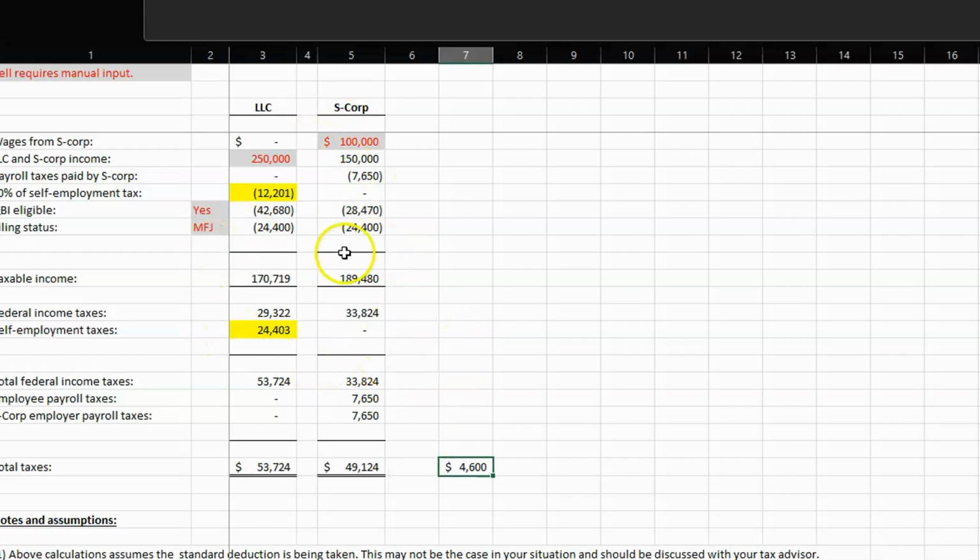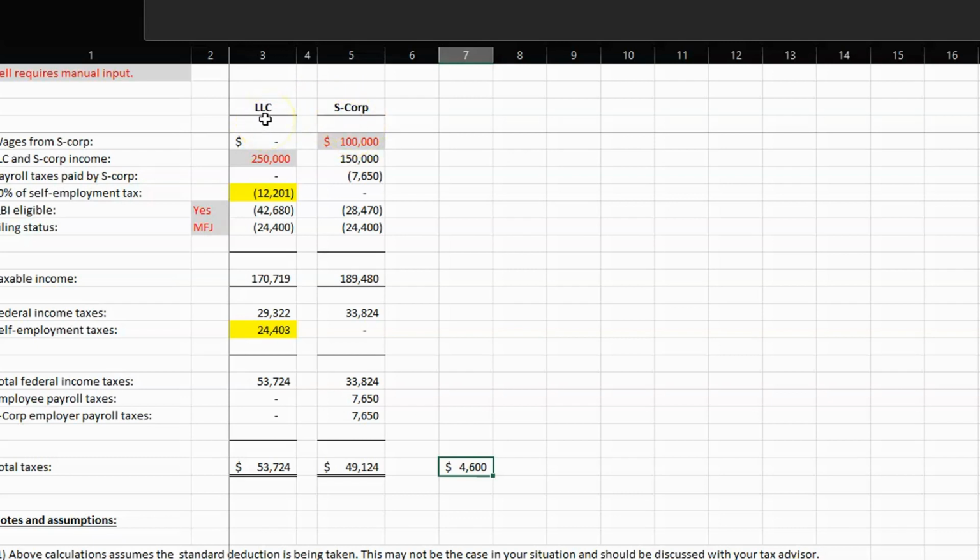So it's still not a bad deal from a tax standpoint, right? On just very basic taxes. But again, if you're looking to grow your S-Corp, get investors, or sell later on, maybe an S-Corp is not the right election to make. But if you're just a small company, you're not looking to do anything significant, one owner, maybe one or two employees, an S-Corp may not be a bad route.